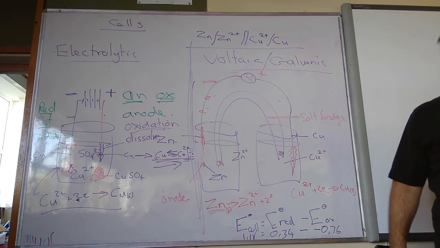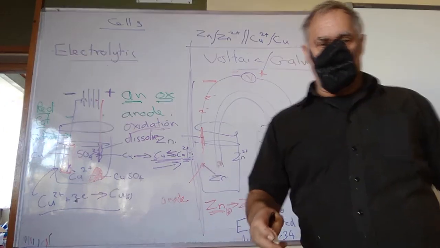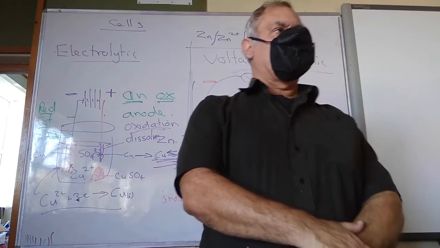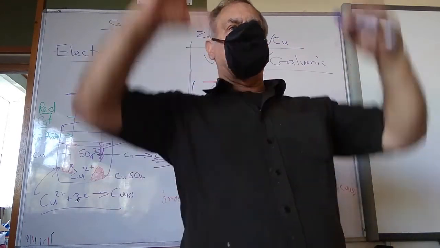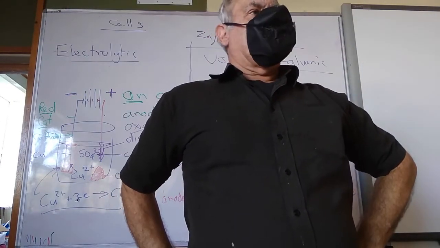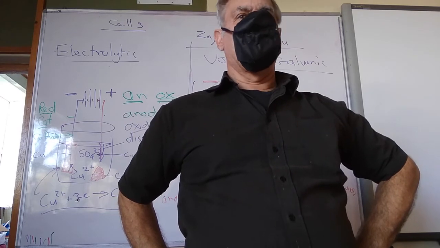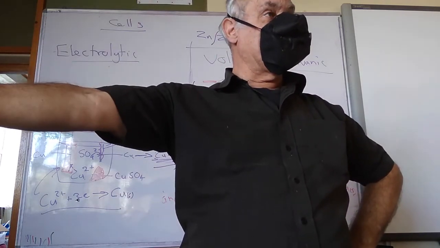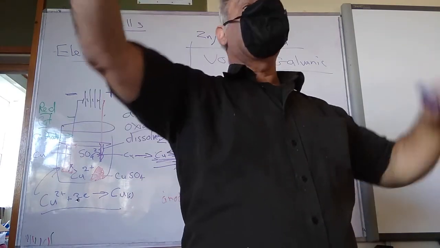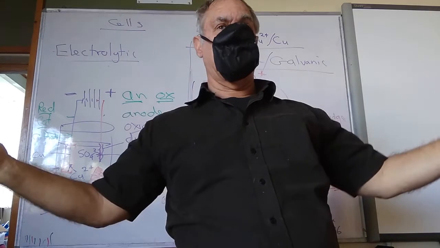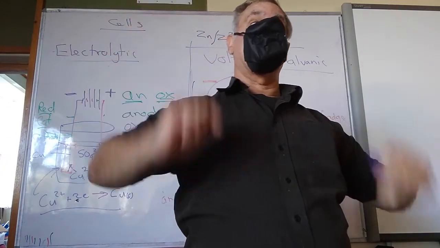Now guys, what is wrong with saying you take the top one? Why don't we ever say that in the exam? Why don't we say we take the top half reaction and reverse it? Because it could confuse the tables. Because they don't know which table you're using. Because it's one table. Closest to lithium, reverse it, add it to the half reaction closest to fluorine. Because there's 2 different tables.